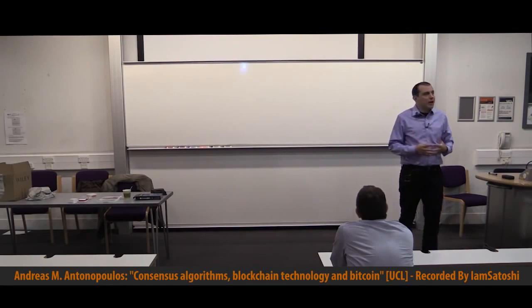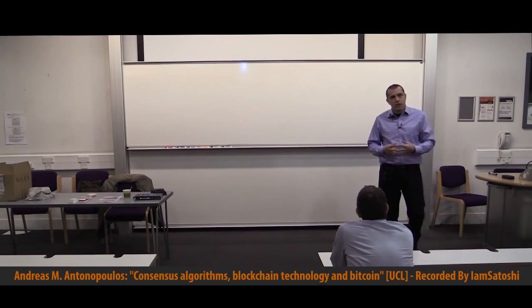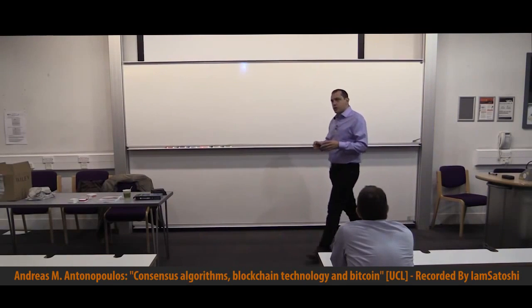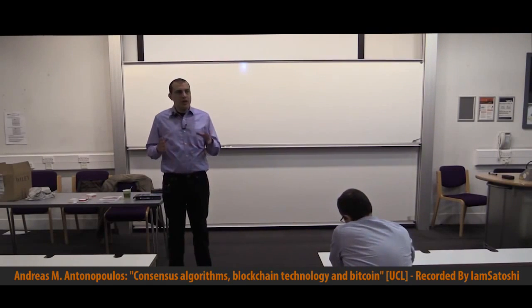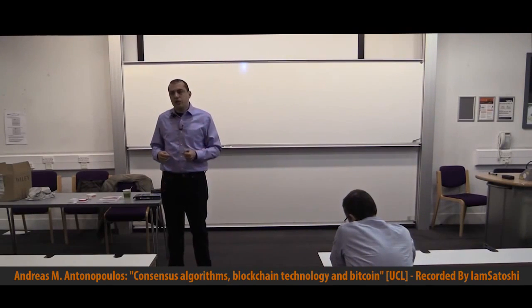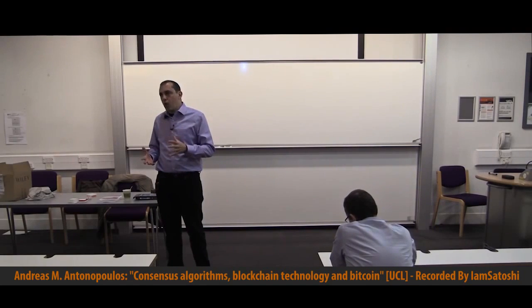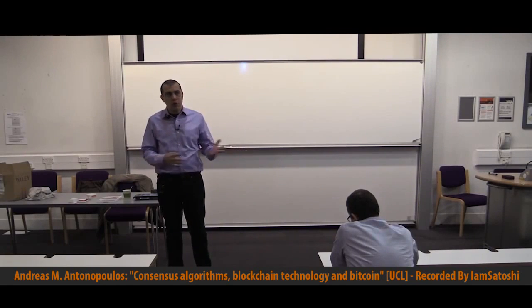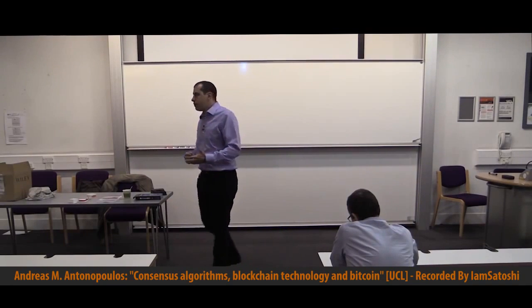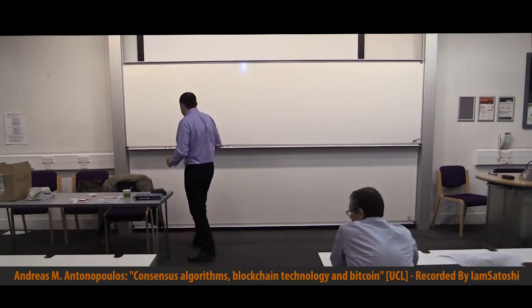But no one had combined them in this particular way. So what's really novel about Bitcoin is its architecture and the design characteristics that make it work. Think of it as a recipe. All of the ingredients were there, but no one had ever thought of combining them in this particular way.